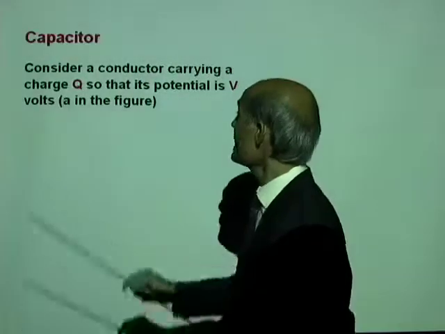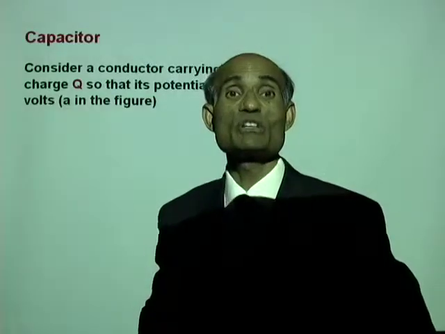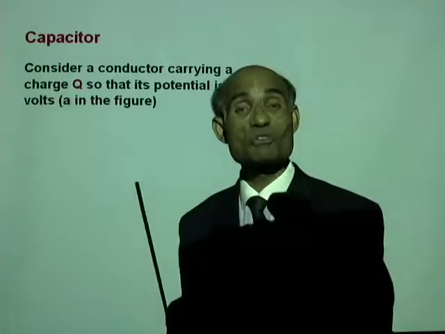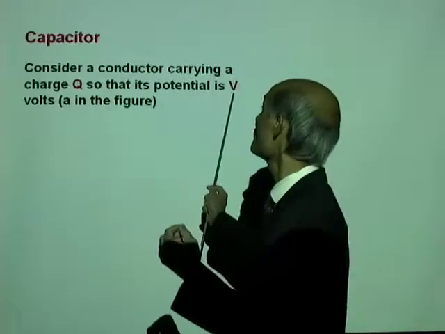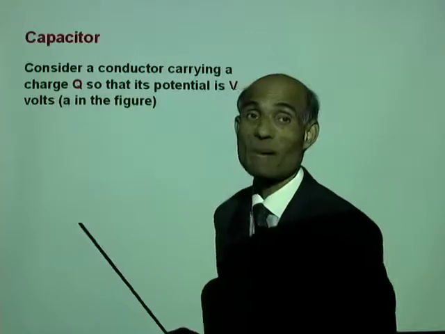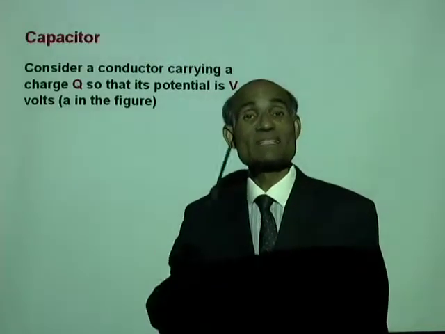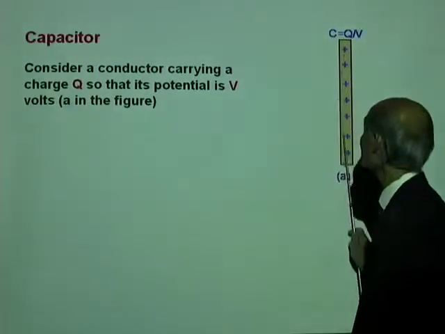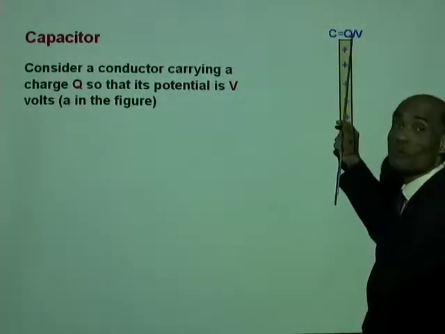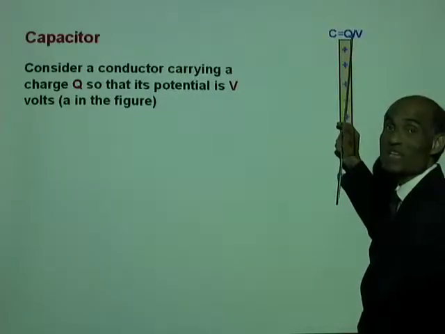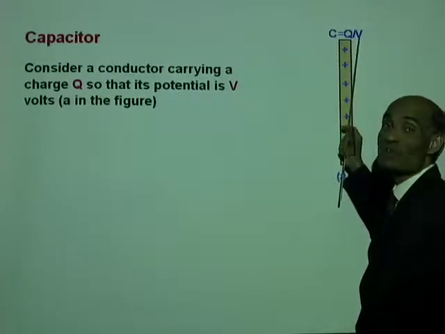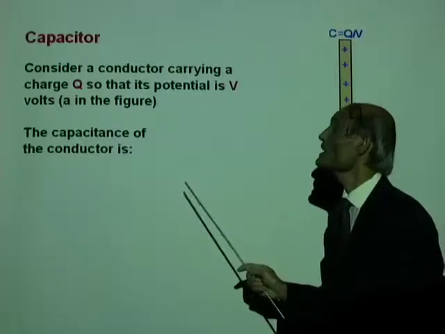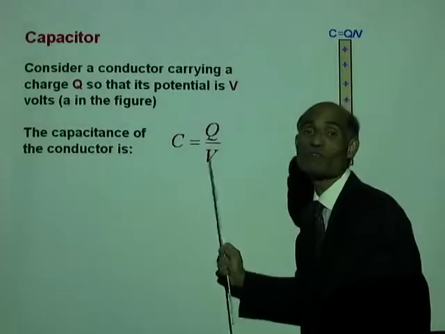Alright, let's consider a conductor carrying a charge Q. Now, if a conductor is carrying a charge Q, then it has a potential V. Therefore, its capacitance can be written as C equal to Q over V. When a charge Q is given to it, its potential is raised to V, so that its capacitance C equals Q over V.